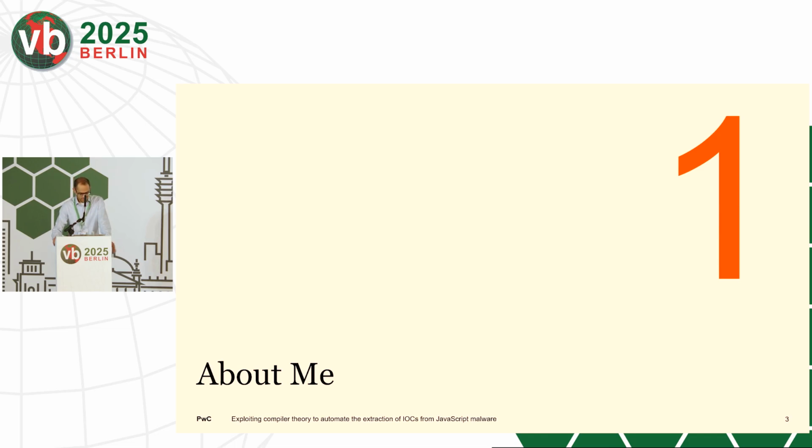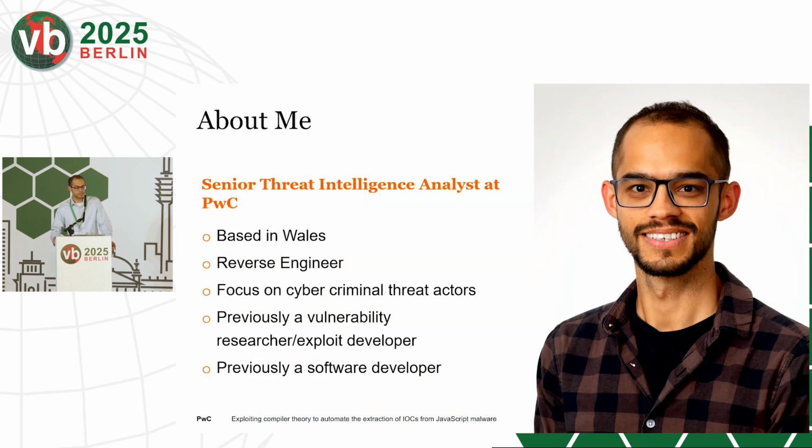So a bit about me to begin with. Some of you may have noticed the picture on the title slide was of the capital of Wales, which is Cardiff, and that is where I'm based. I am immensely privileged to be working for PwC's Global Threat Intelligence team as a reverse engineer.